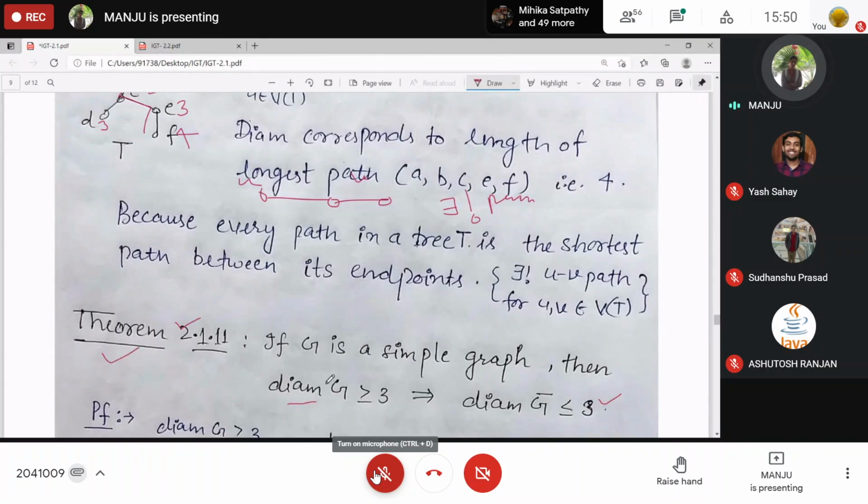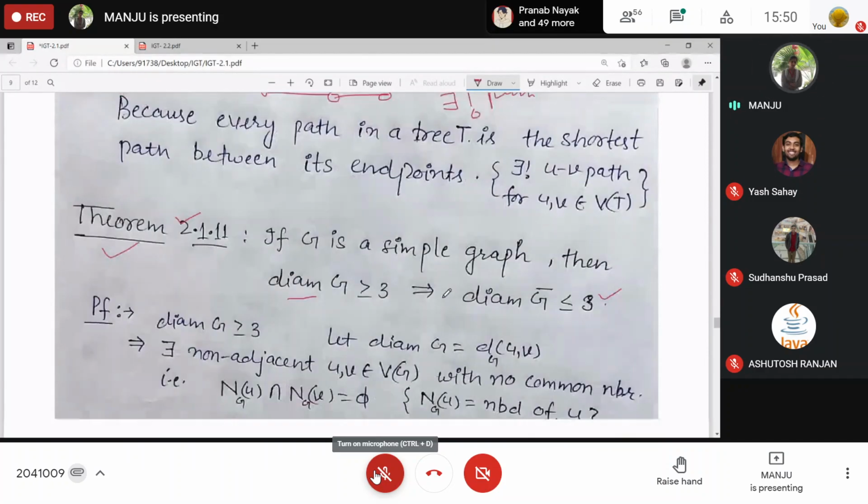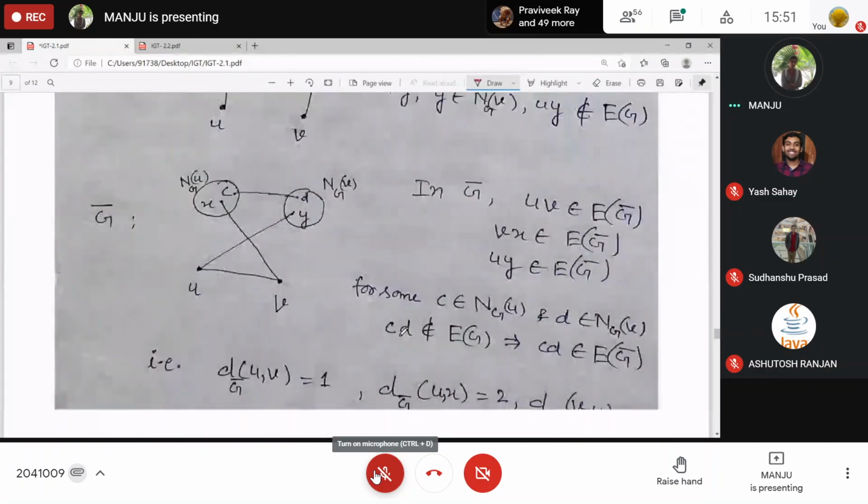On the basis of that, you can solve some questions. So what is it? Diameter of G is at least 3 in case of a simple graph gives you that the diameter of its complement will be at most 3. Clear? How to prove it? I'll just prove it. Don't worry.